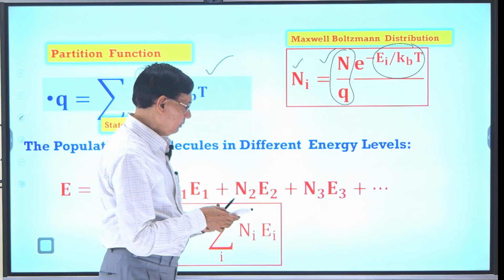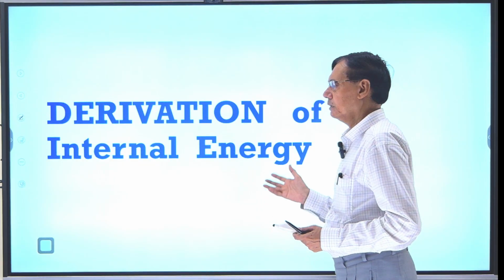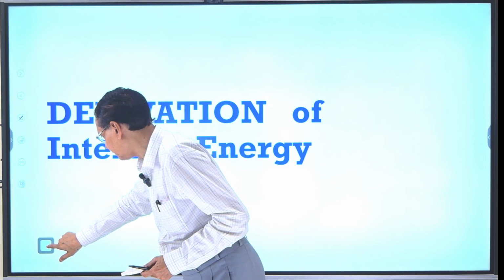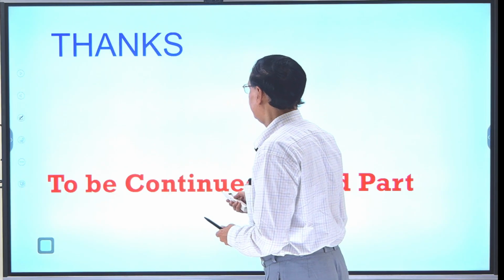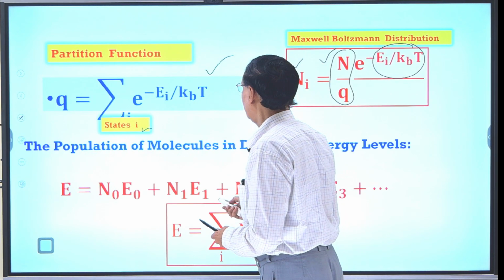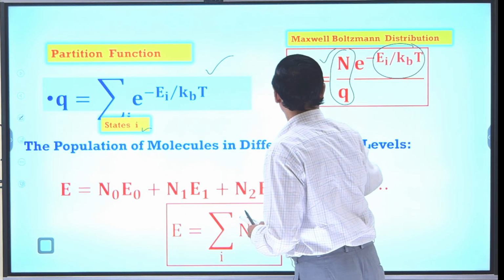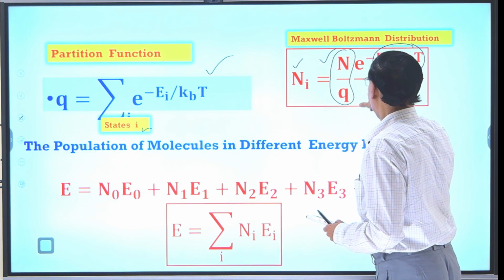Okay, now let me start the derivation of this. It will take only 5 minutes, a very simple derivation. But again, you remember three things: the partition function formula, this formula, and how we get this formula.